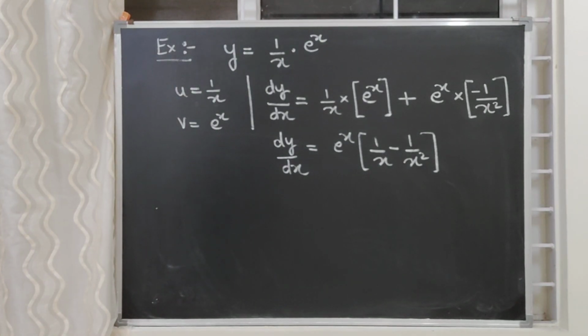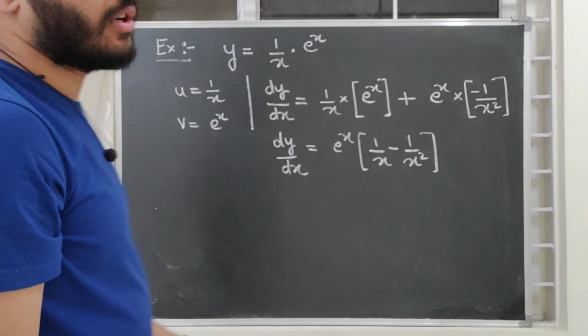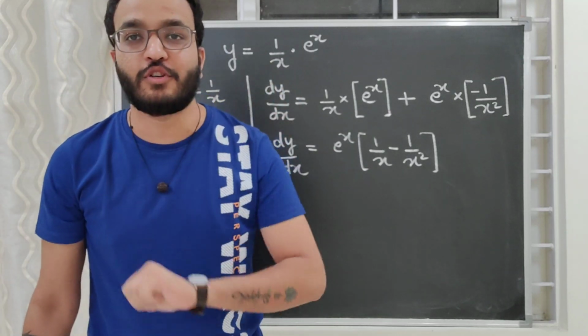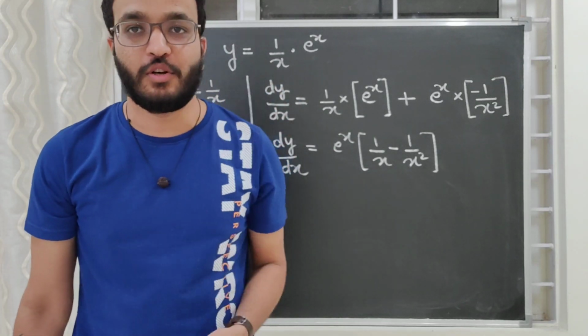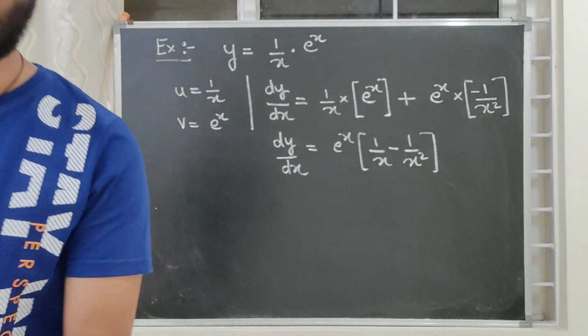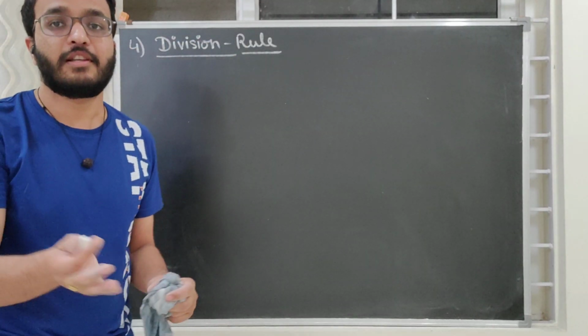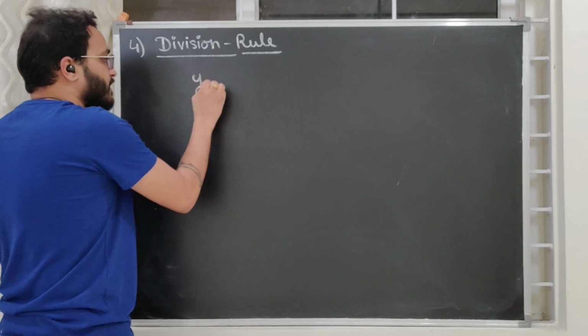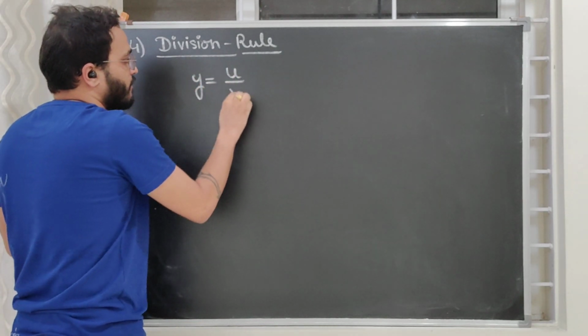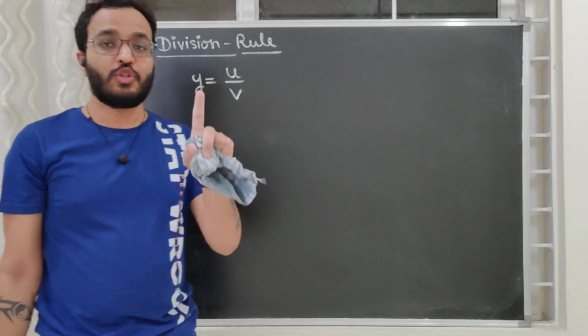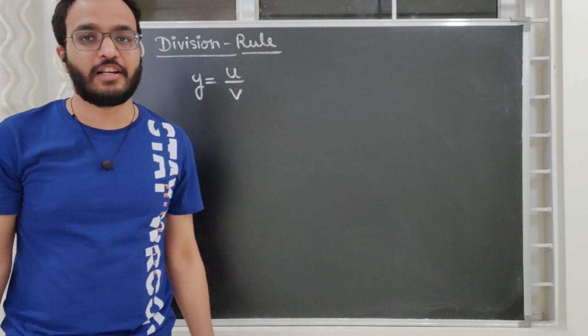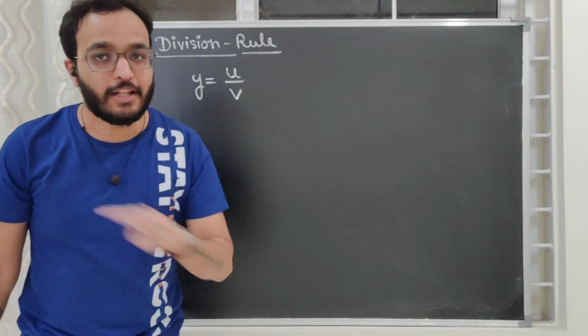Now let's understand rule number 4, which is also known as the division rule. Now, the division rule is very simple. Suppose y is given as u upon v, right? Now u is a function in the numerator, v is a different function in the denominator.